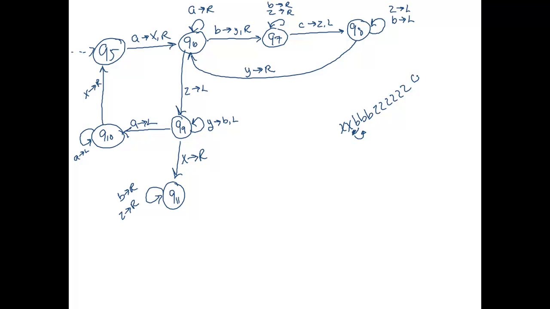I could write it in, but we've already said if there's not a transition available on an input symbol, it goes to the reject state. Otherwise, I move right through all my Z's. What point do I stop? If I read a blank after seeing all of these Z's, then I know I can accept.